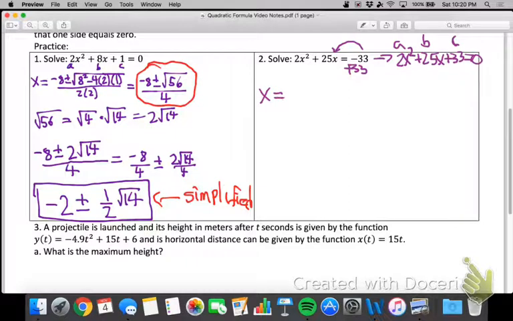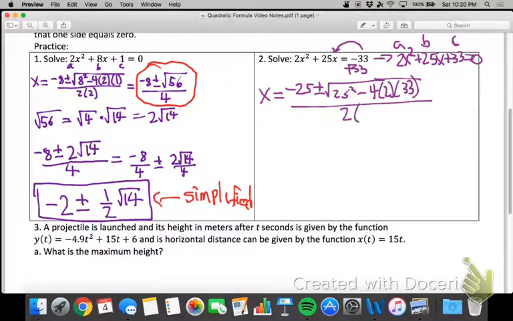So x equals negative 25 plus or minus square root of 25 squared minus 4 times 2 times 33 all over 2 times 2.